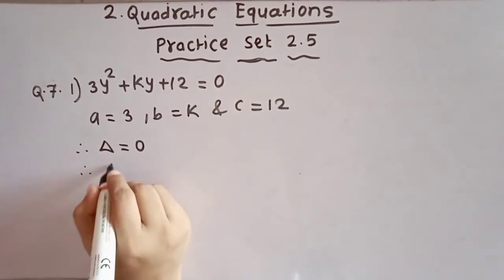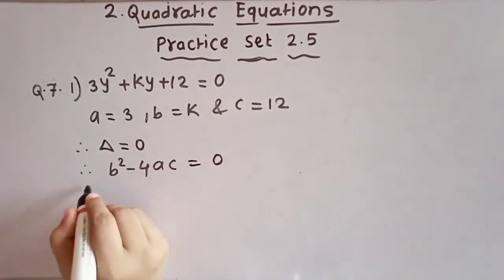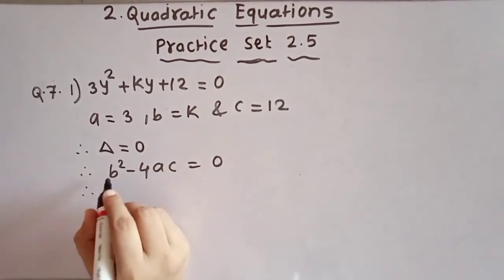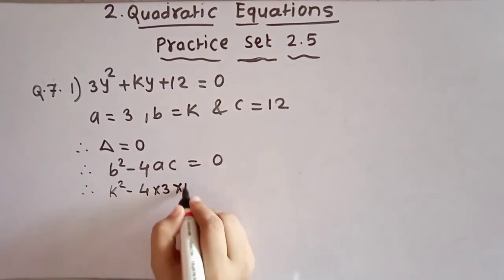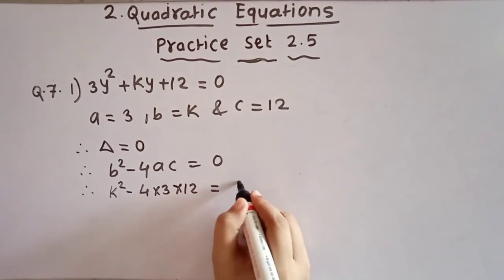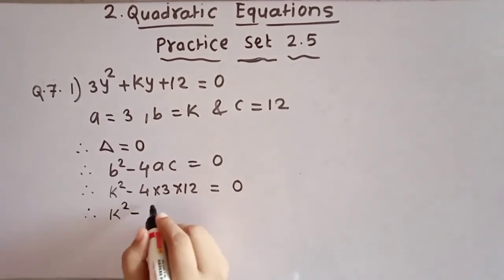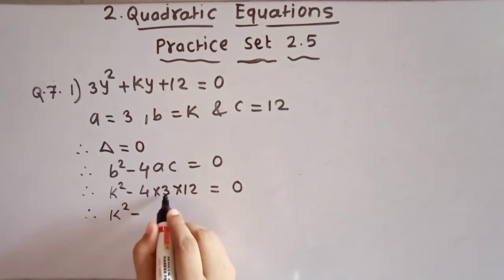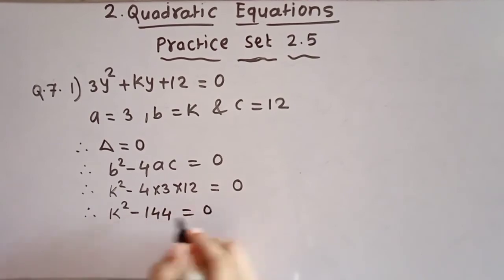So therefore b square minus 4ac is equal to 0. Put the values of this, k square minus 4 into 3 into 12 is equal to 0. Therefore k square minus 4 3s are 12, 12 12s are 144 is equal to 0.